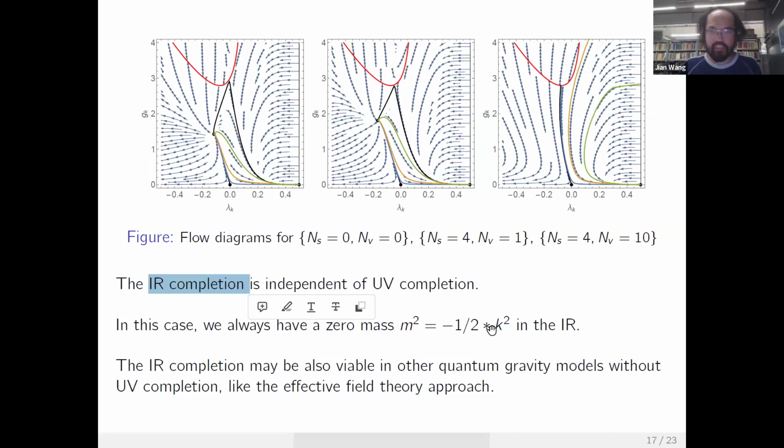In addition, we could also check that for the infrared fixed point, which is independent of the number of matter fields, we always have a zero mass here. So we confirm that a zero renormalized mass is in fact independent of the UV completion of the theory as well.